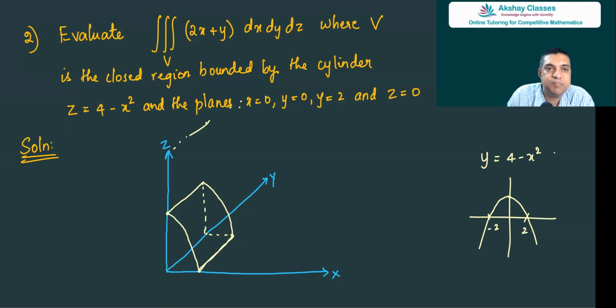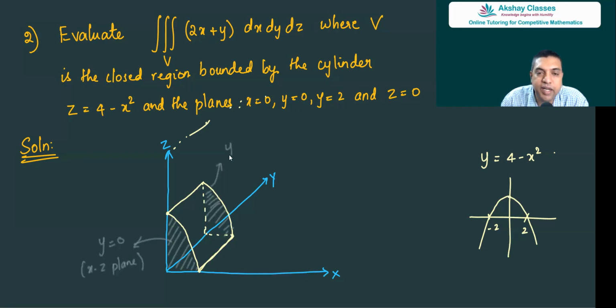So this shaded portion is bounded by, see, this is y equal to 0 plane, the xz plane. And this particular portion from behind is y equal to 2 plane, which is parallel to the xz plane.